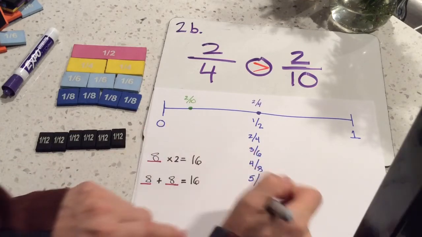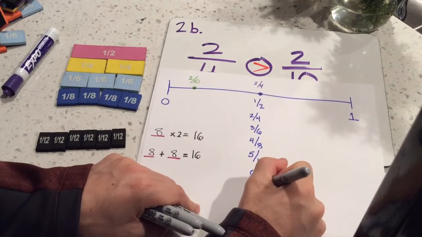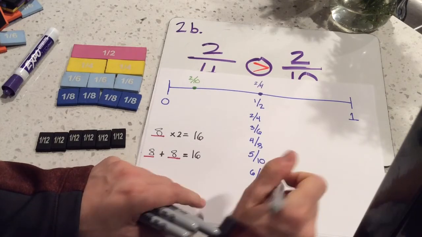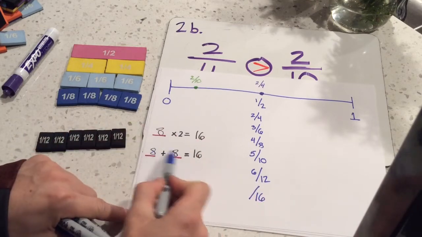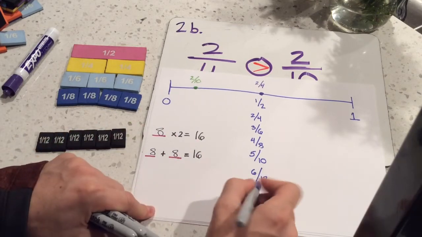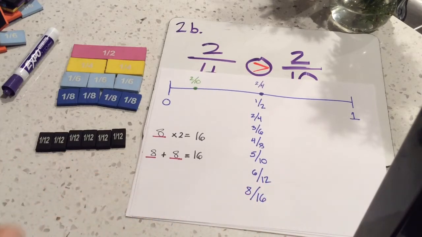That's helping me determine what the halfway point is of the denominator. So if I had a fraction that was split into 16ths, what would be half of that? Well, I know that 8/16 is the same as 1/2.